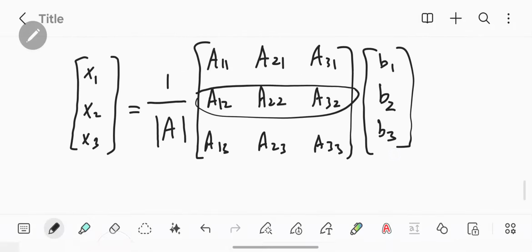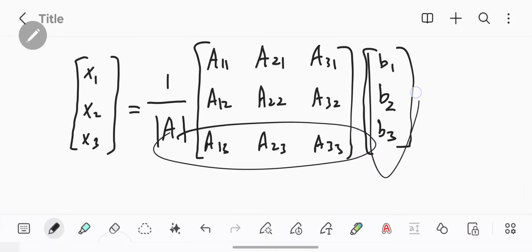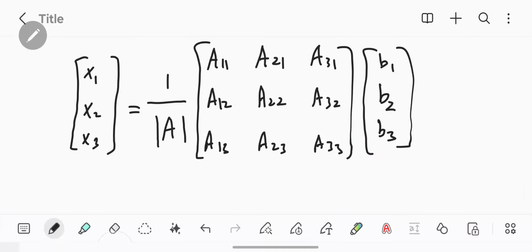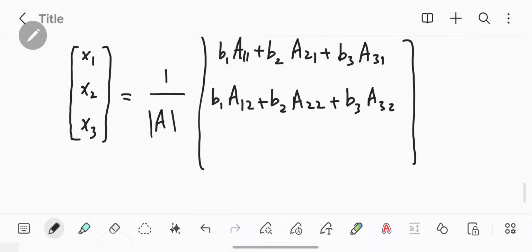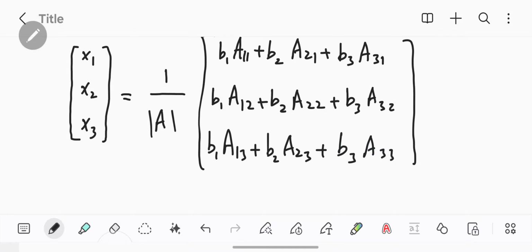And similarly I will multiply the last row with this column again. So B1 A13 plus B2 A23 plus B3 A33. Okay, all right.